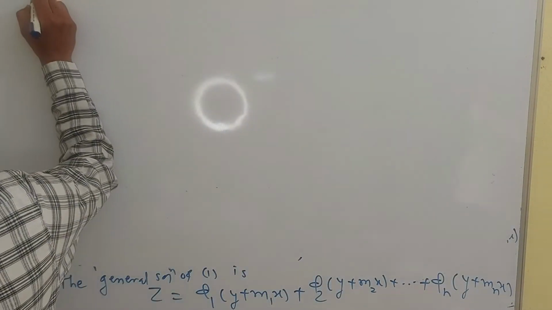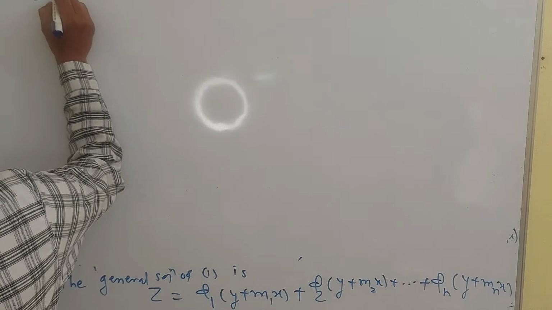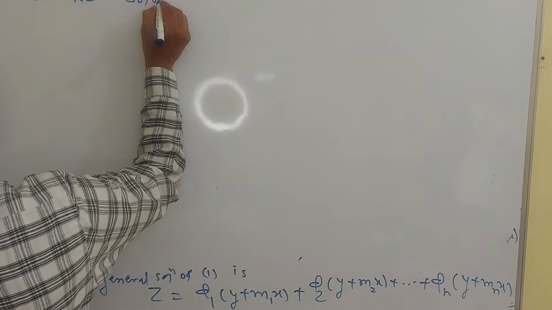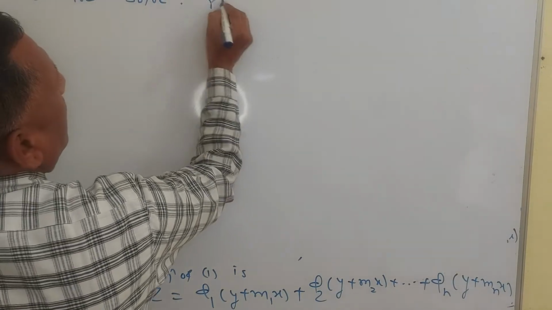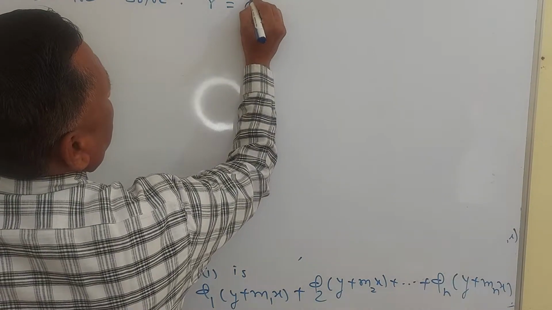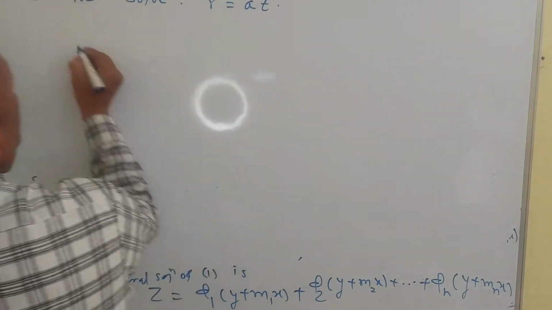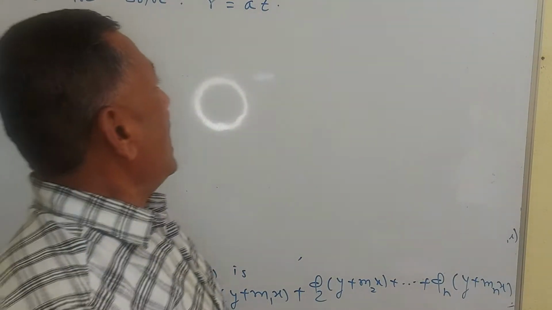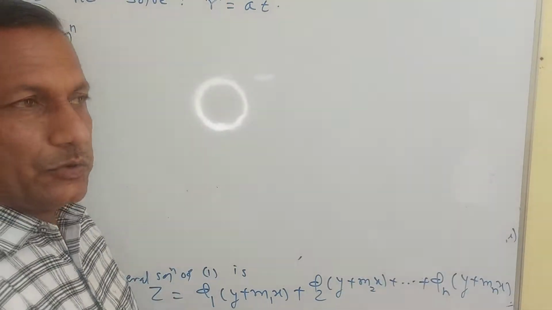Example: solve r is equal to a square into t. Solution. r is equal to a square into t.